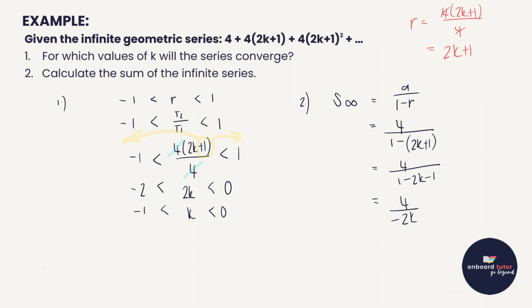Just take note there that the +1 and -1 kind of cancelled each other out. Okay, we can simplify this fraction like we would any other fraction. So 2 goes into 2 once and into 4 twice. And so we can end up here with a final answer of minus, because a plus divided by a minus is a minus, 2 over k. So that is the sum of the infinite series.